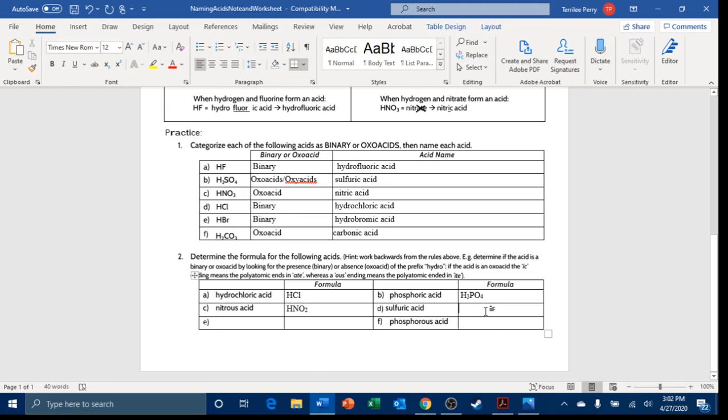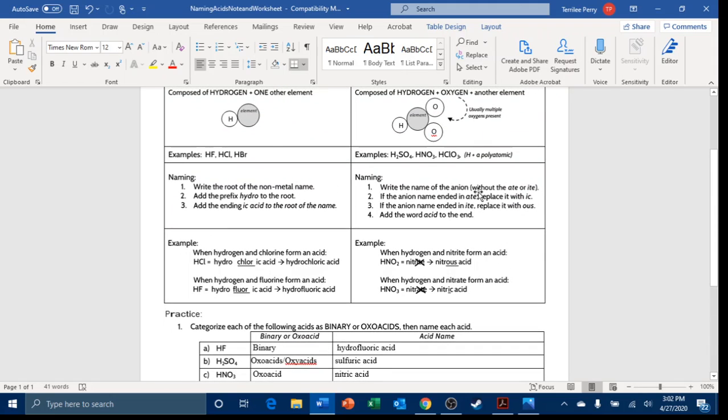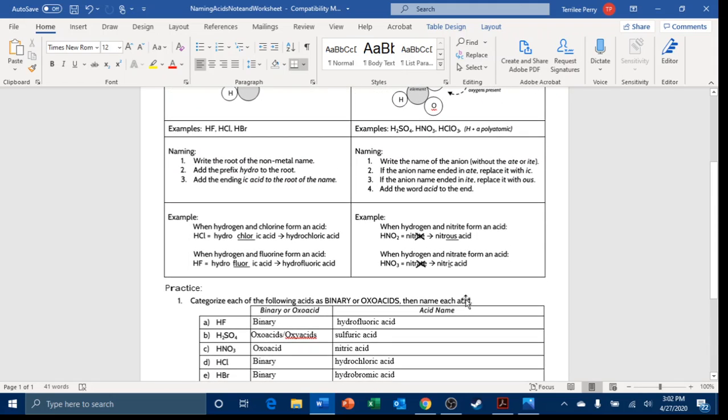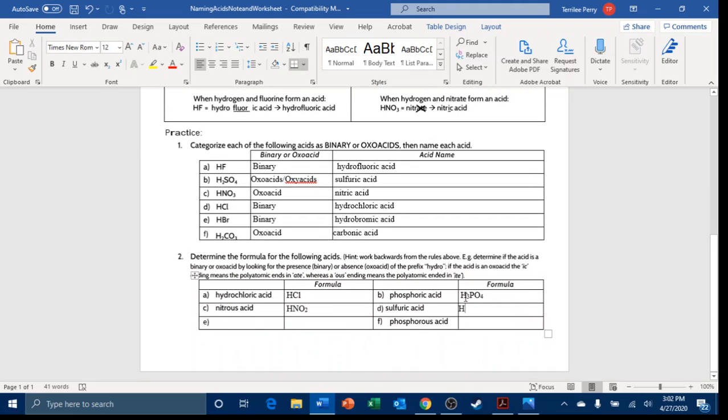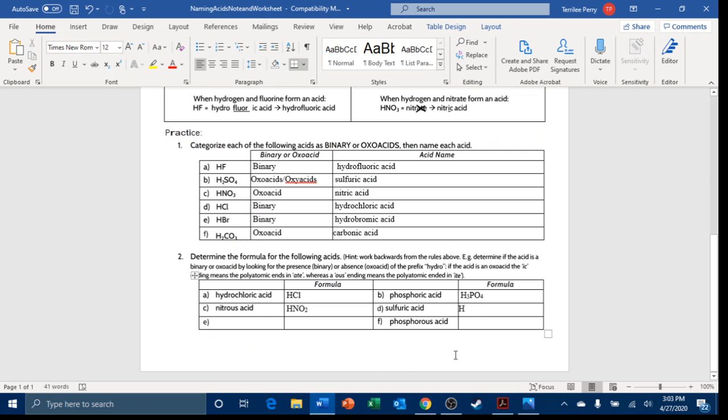Okay, so let's go back over here. We have sulfuric acid, and it has a hydrogen, even though you don't hear it because it's an oxoacid. And then you have sulfur. So we were ic. We're going to go back to ate. So we're looking for sulfate. So let's go over here and look for that. Sulfate is SO4, and it has a -2 charge. So we're going to go back over here, and that's going to have a 2 there because it has a -2 charge.